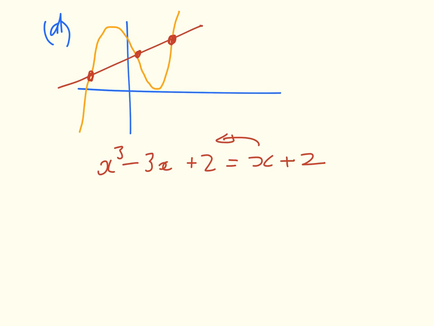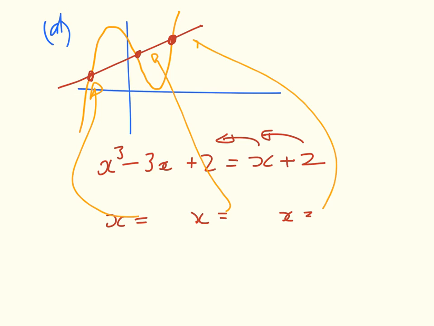Take everything over to this side, factorise, solve, and you'll get 3 answers: x equals, x equals, x equals. Now these answers for x are for these points here where the curve and line intersect.